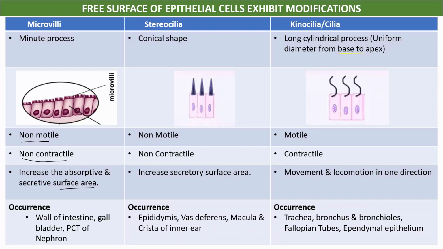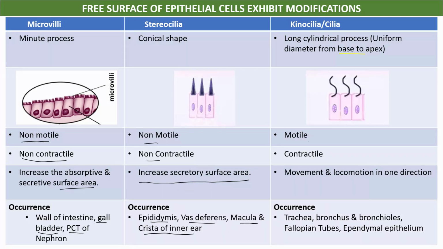Microvilli occur in the wall of the intestine, gallbladder, and proximal convoluted tubule of the nephron. Stereocilia are non-motile, non-contractile, and they increase the secretory surface area. Stereocilia occur in the epididymis, vas deferens, and macula and crista of the inner ear.